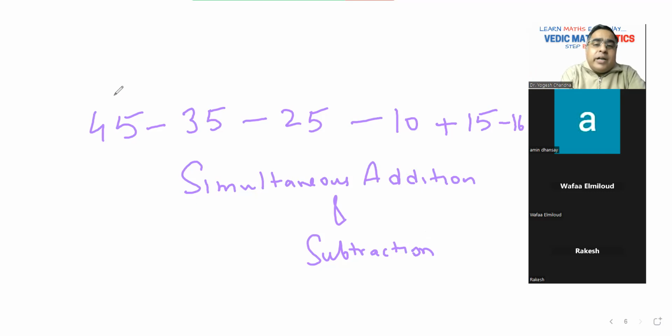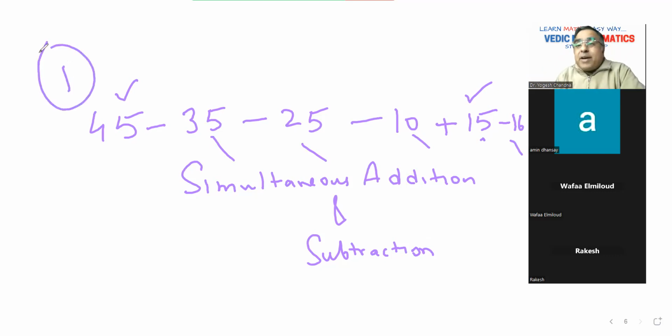In maths, what we will do, I'll select the positives together and negatives together, and then we'll do it. But there is no method that you can solve it in one go, because simultaneous addition and subtraction is not possible. But the same problem can be done in Vedic maths in a single line. This is one very simple point in addition and subtraction where maths fails and Vedic maths wins.